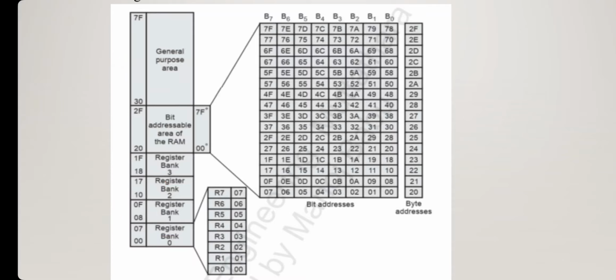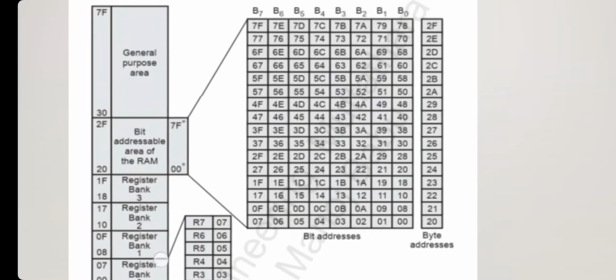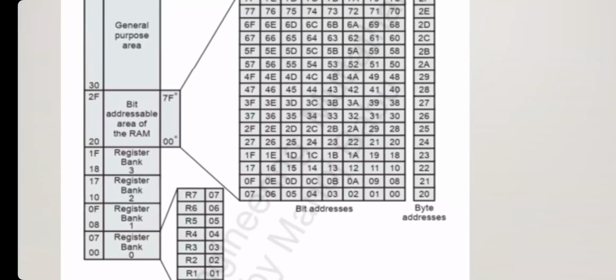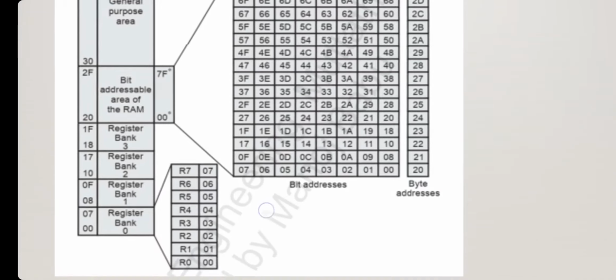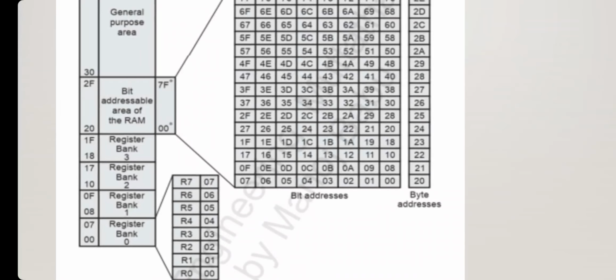The register bank is 8 byte, and the addresses start from 00 to 07, that is 00, 01, 02, 03, 04, 05, 06, 07. This is bank 0.